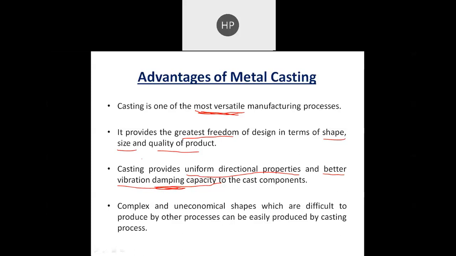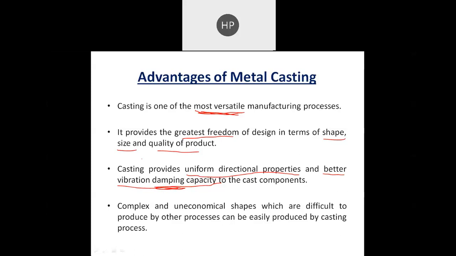So how can we control it? If we can reduce the vibration, and that vibration can be damped by this cast product. That's why the base of the lathe machine, and in most machines the base, is generally manufactured by casting.